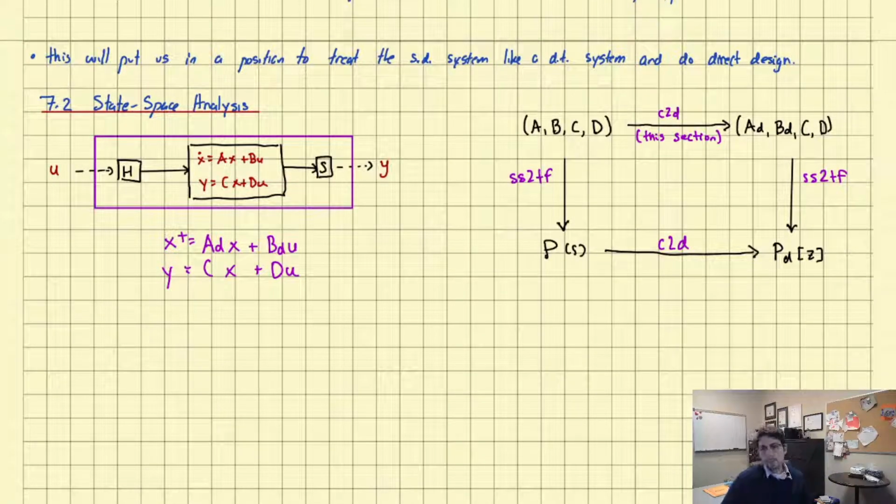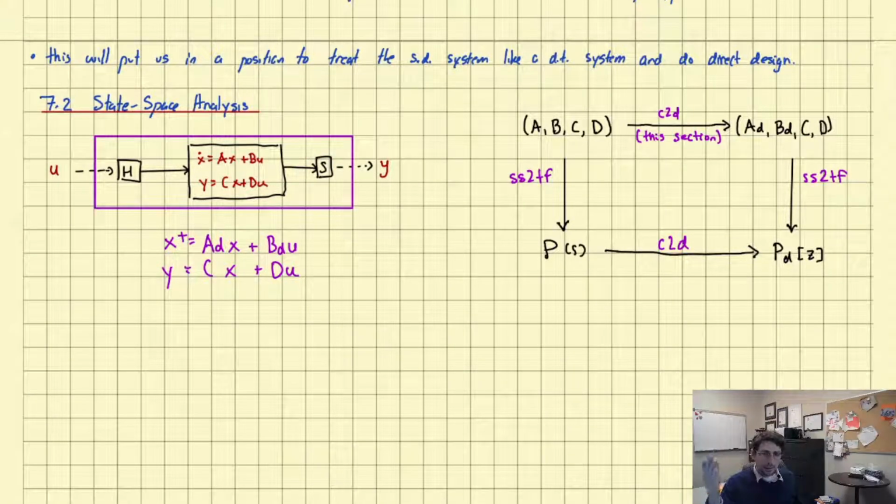Okay, so if we just pause for a moment and think about this picture, how could we get a discrete time model for that system? Well, a reasonable idea would be the following. If I could somehow find the expression for the solution to this differential equation, if I knew x of t, not just its derivative, then I would know what I'm sampling.